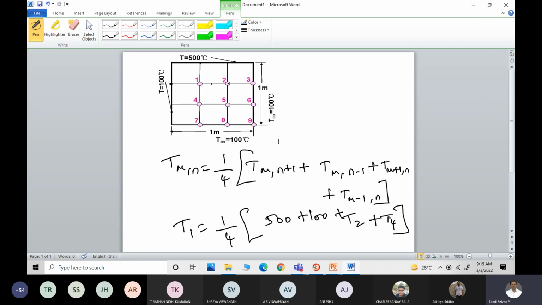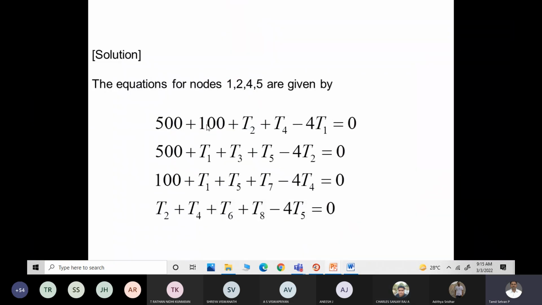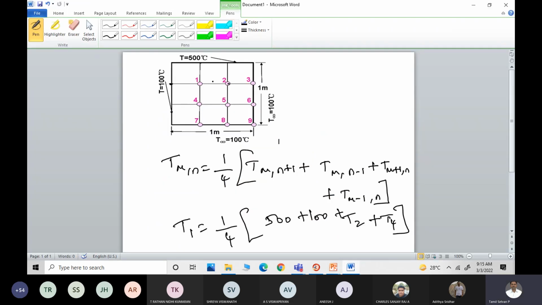For T2 you can write, for T4 you can write, for T5 you can write. Is it okay, students? That's what was mentioned here, for 1, 2, 4, 5.